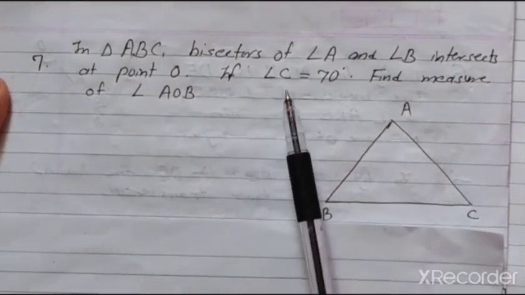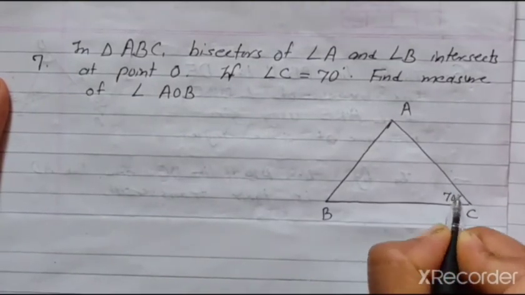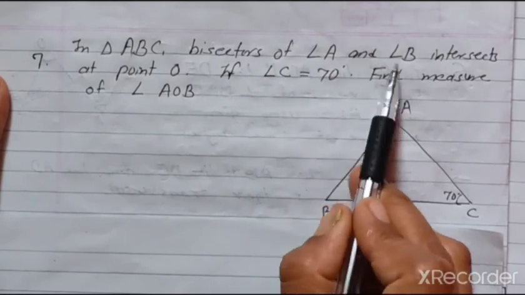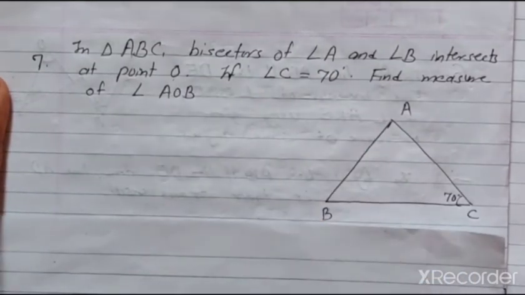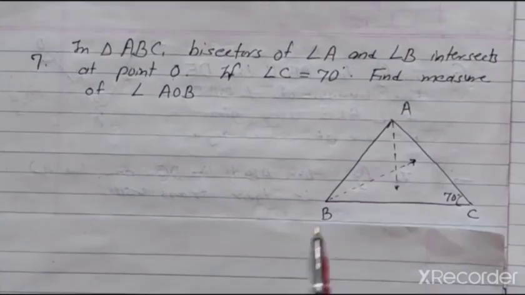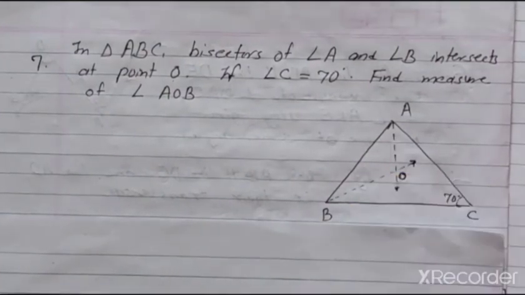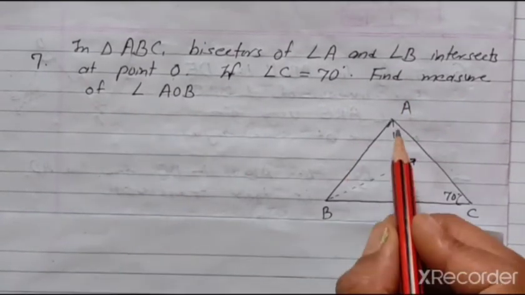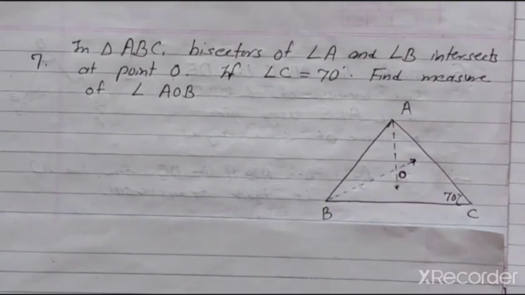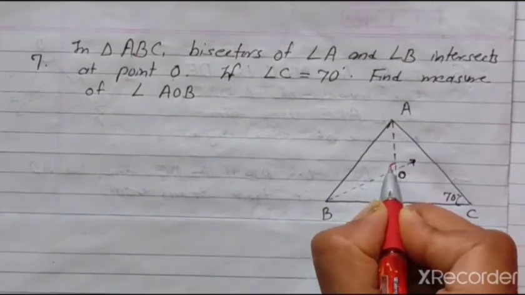In this triangle, the measure of angle C is given as 70 degrees and bisectors of A and B intersect at point O. So let's construct it. These two bisectors intersect at point O. Here we have to find the measure of angle AOB. Our target is to find the measure of this angle.